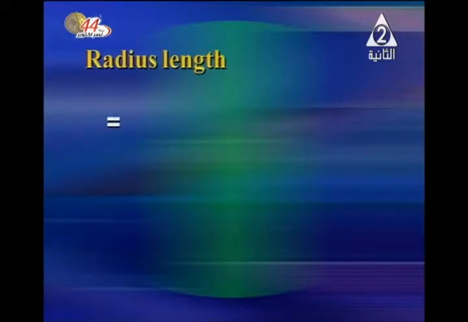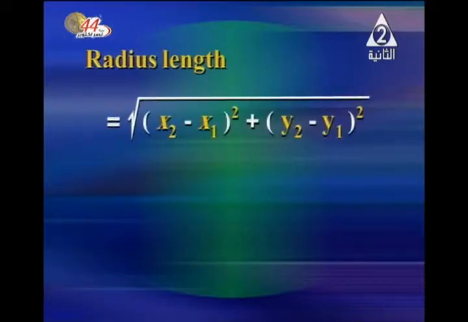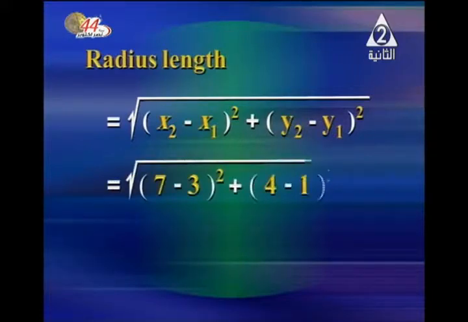So it is square root of (x2 minus x1) all to the power of 2 plus (y2 minus y1) all to the power of 2, which is equal to, by substituting, square root of (7 minus 3) all to the power of 2 plus (4 minus 1) all to the power of 2. Then what about 7 minus 3?